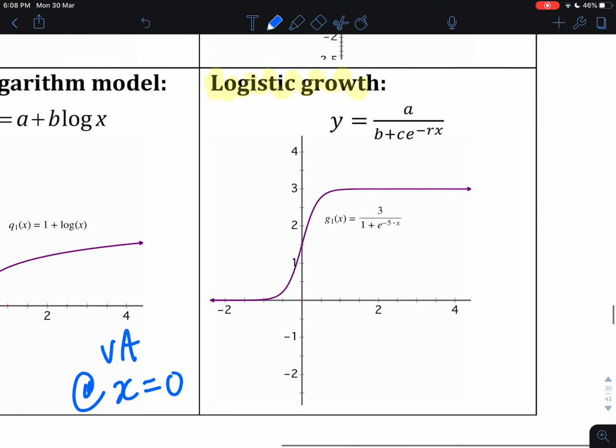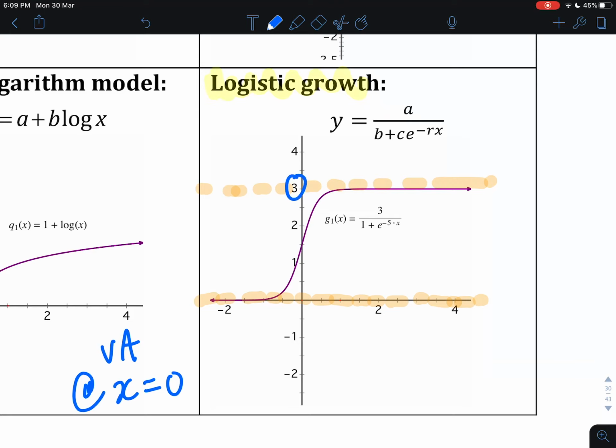And then the new function that we're going to deal with today is called a logistic growth model. Let me answer the question first and foremost. We have horizontal asymptotes, and in this case, based on our graph, we're going to have a horizontal asymptote.